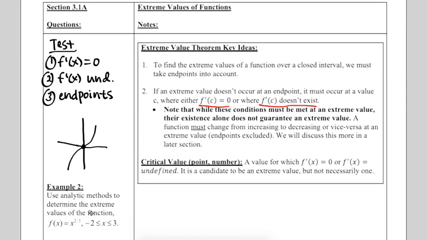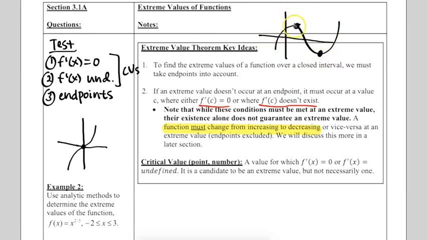While this test gives us potential extreme values, our critical values, which I'm going to abbreviate CV, we are going to need to check to see where a function changes sign. A function has to change from increasing to decreasing or vice versa to be an extreme value. If we think about any function, we have some critical values.